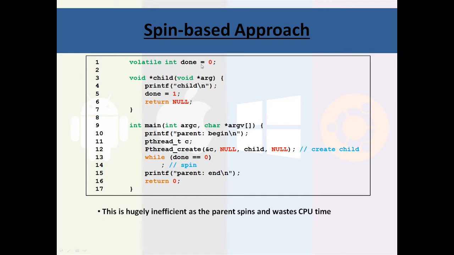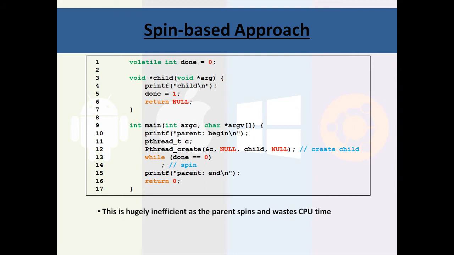All right, the child is not done while it's equal to 0, and the child is done when we set it to 1, and then it is completed. So when done is updated, because this is a shared variable once again, shared across both these threads, well, when done is equal to 0, we're spinning, and then it gets updated to 1, and then we finish, and that is exhibiting the behavior that we wanted.